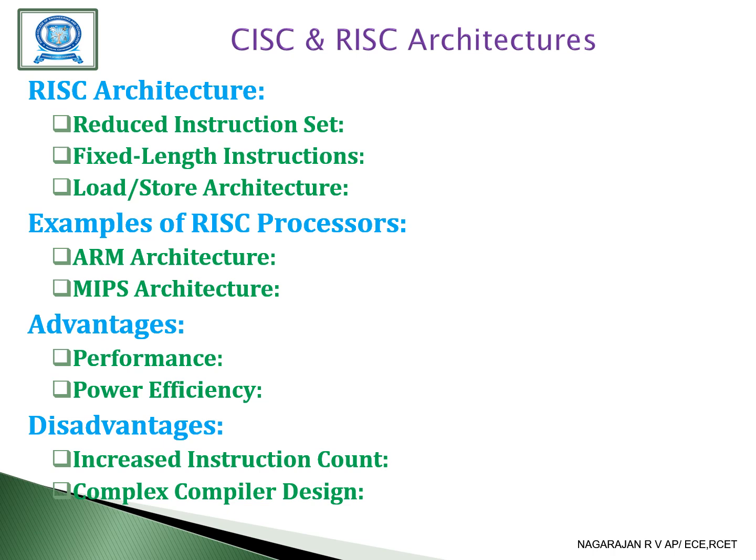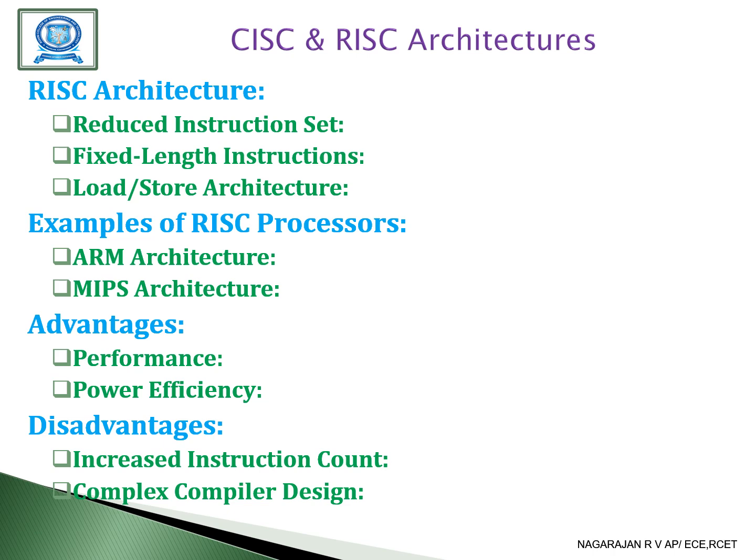Now let us see examples of RISC processors. One is the ARM architecture. Most mobile devices and embedded systems use the ARM architecture, and then there is the MIPS architecture. Now let us see the advantages of the RISC architecture. In terms of performance, a RISC processor can execute instructions more quickly when compared with CISC.